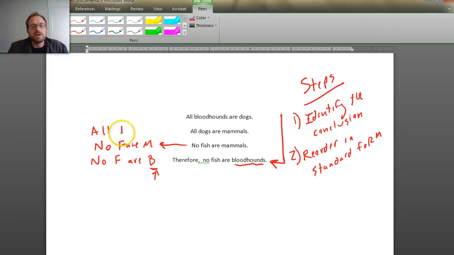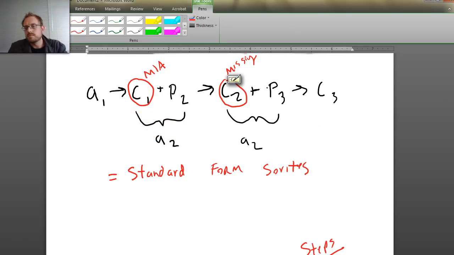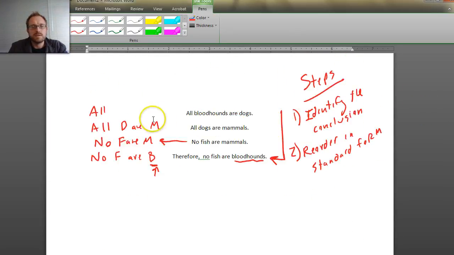This one would be all D are M, and this one says that all B are D. Lo and behold, this one actually is in standard form, so we don't have to figure out what's next.